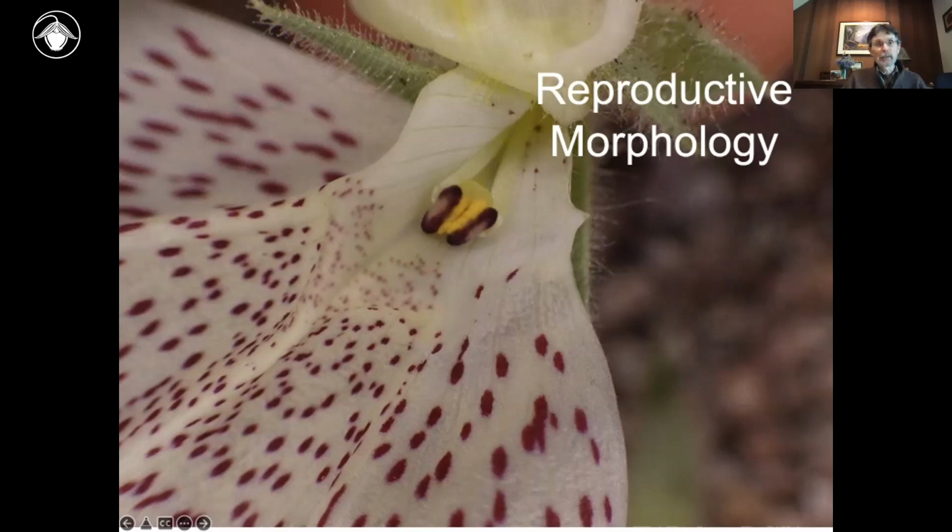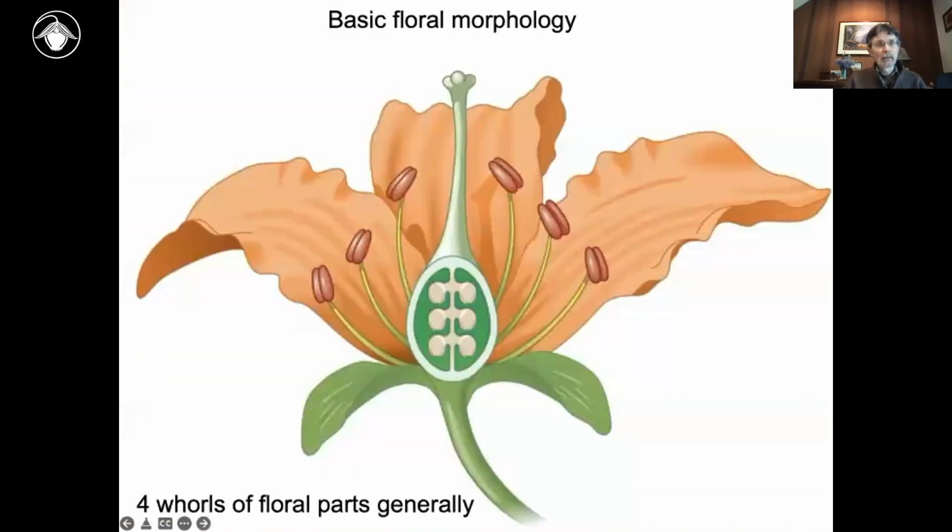So we're going to start out by talking about flowers. And to think about this after what you just heard about vegetative morphology, as Susan mentioned, the shoot, the above ground parts of the plant, are the leaves and the stems, basically those two organs. And a flower is basically just a modified shoot.